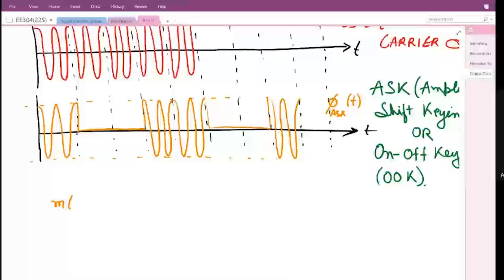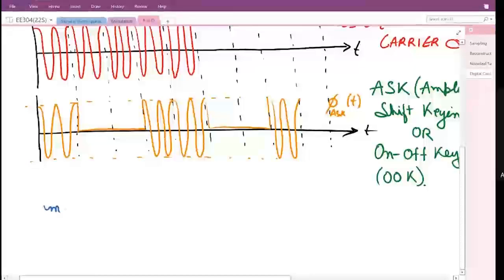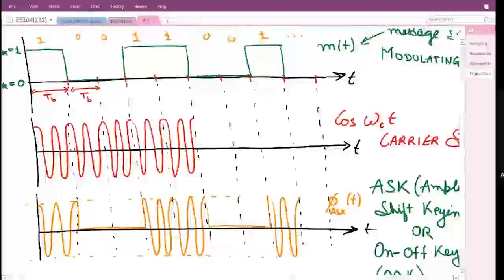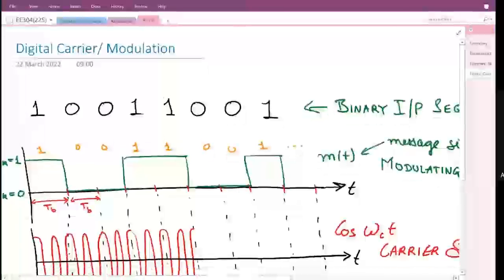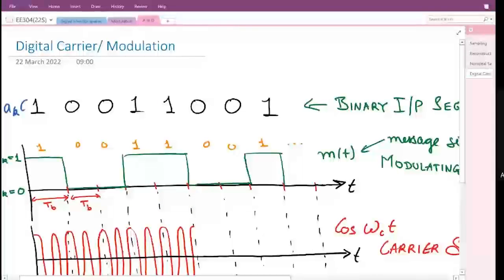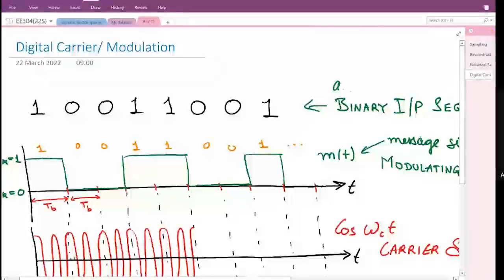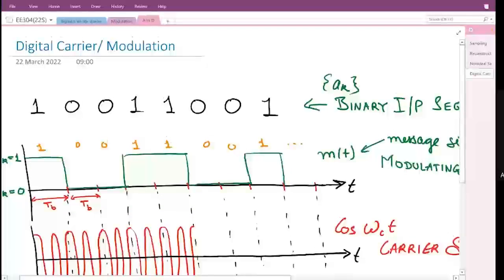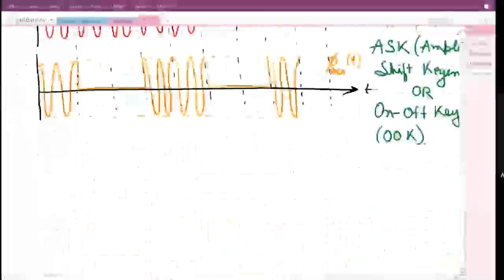If I have to write m(t), which was the message signal, let us say that this was a_k. This sequence is a_k, the binary input sequence. And m(t) was the modulating signal.